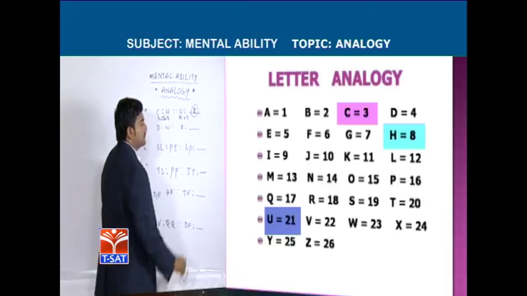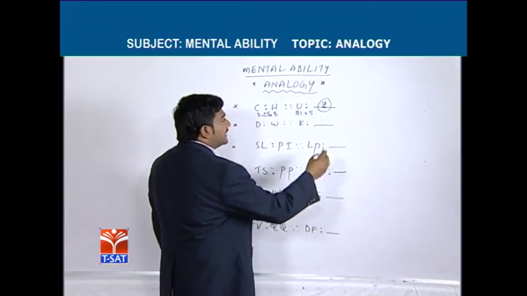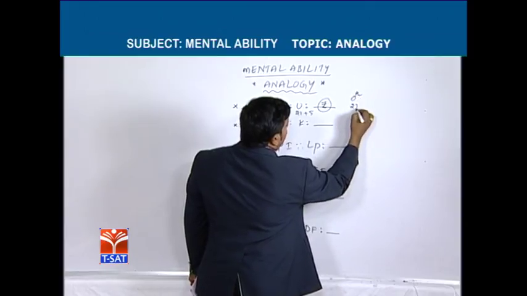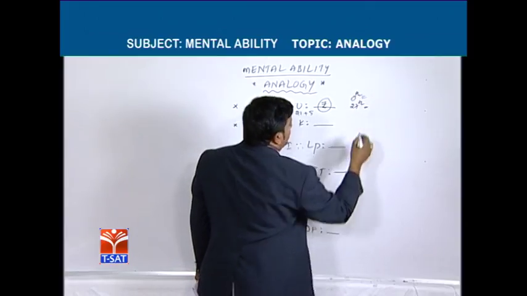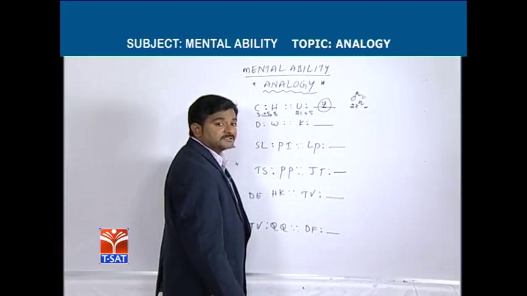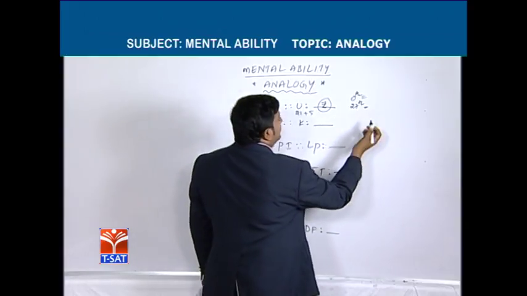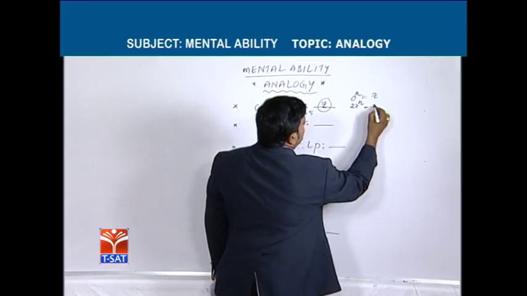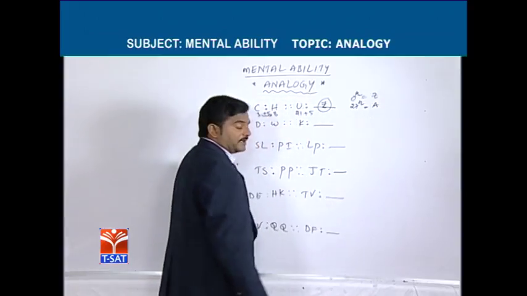26th alphabet is Z. Okay, sometimes you may get 0th alphabet, sometimes you may get 27th alphabet. I already told you in letter series part, but still once again, the 0th alphabet in English alphabets is what we can take? Z we can take. The 27th one, what can we take? A we can take.